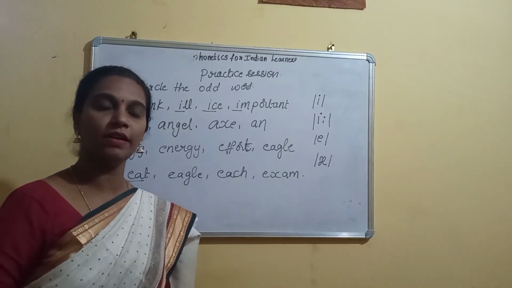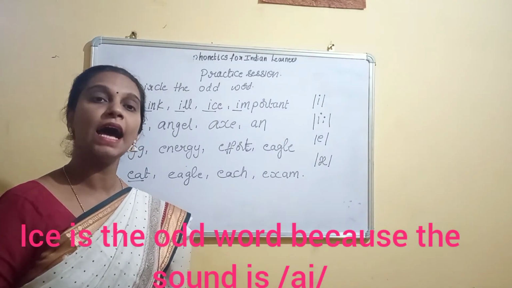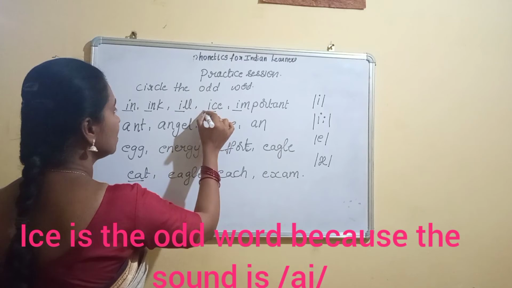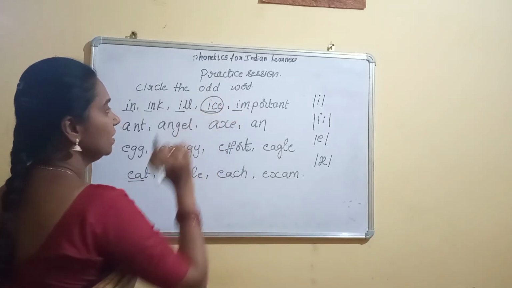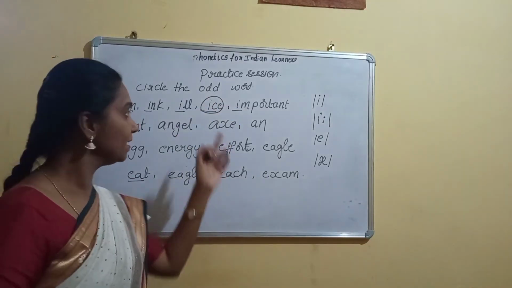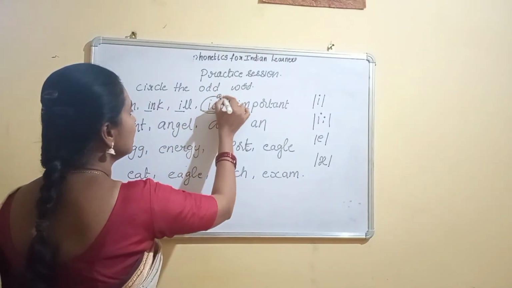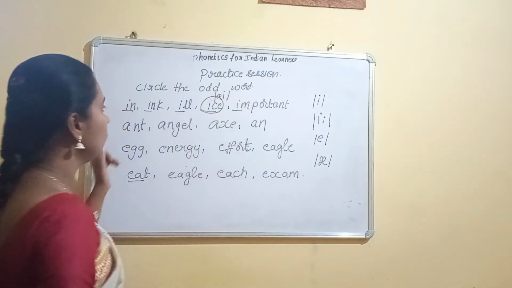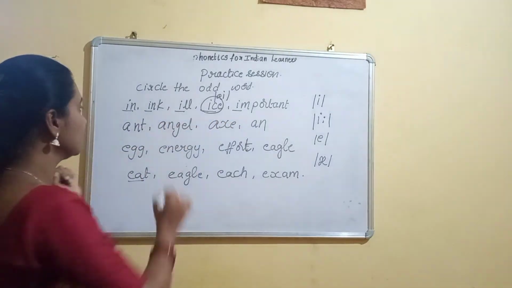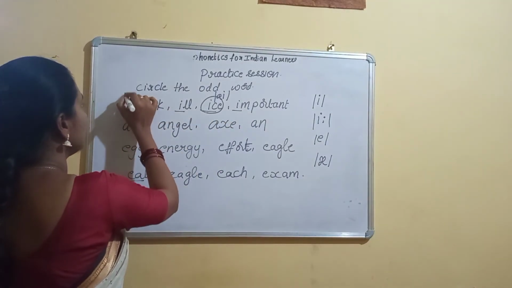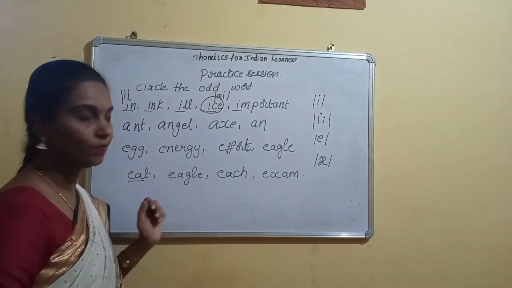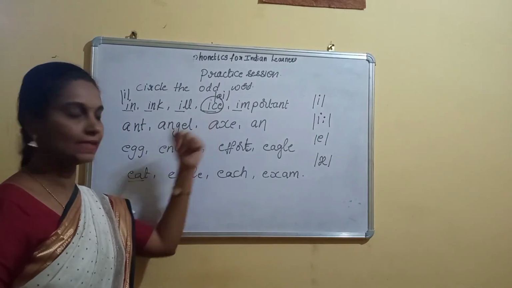Yes, which is the odd word? Yes, it is ice. Because though the letter is I, the sound also is I over here. But for all the other words, the letter is I and the sound is E. So the odd word is ice.